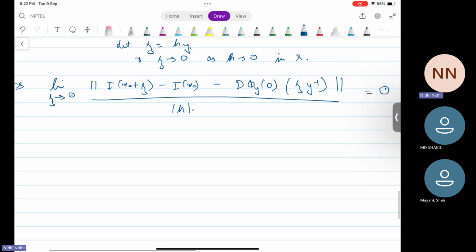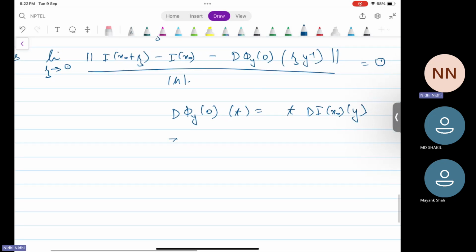Now, if I'm taking d phi y at 0, this is a linear map. I'm defining it for any t. This is equal to t times the derivative of I at x naught at the point y.